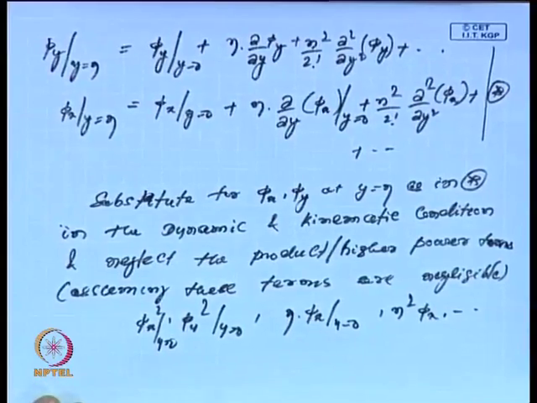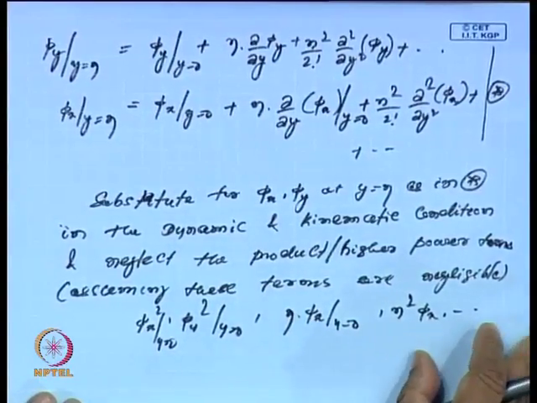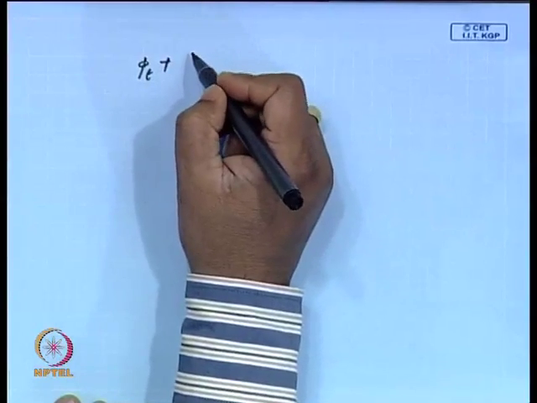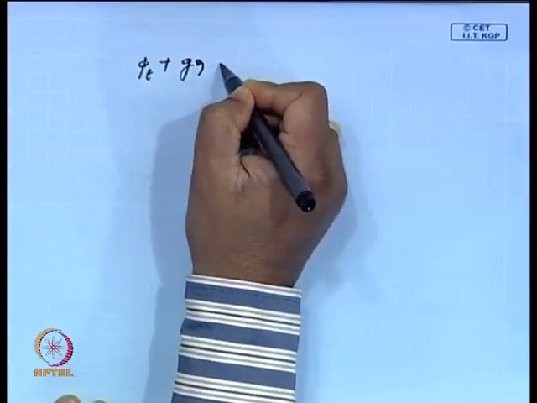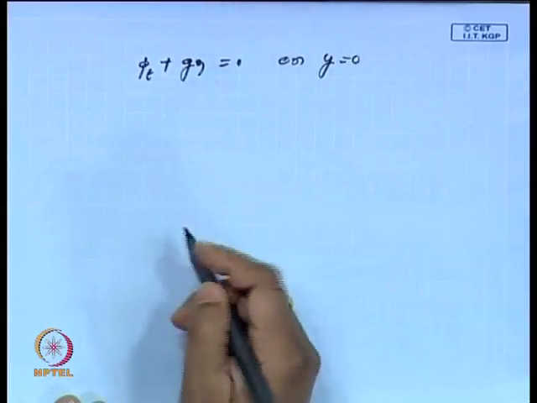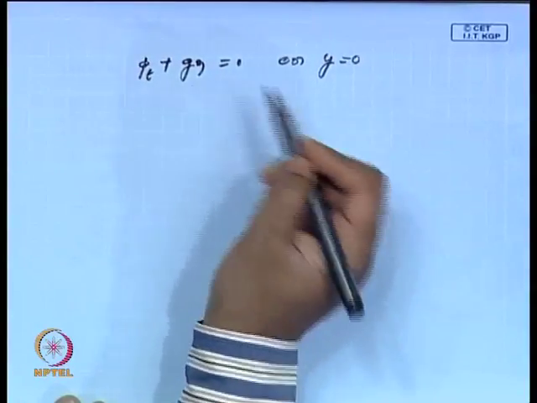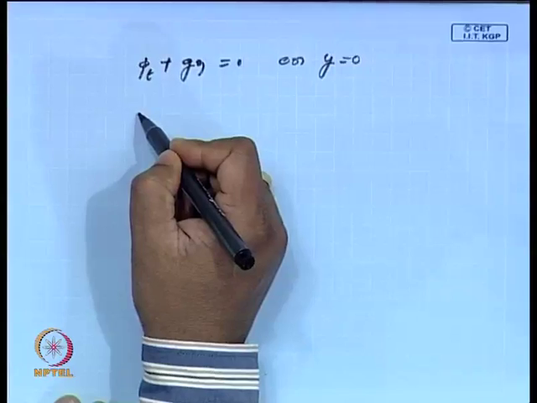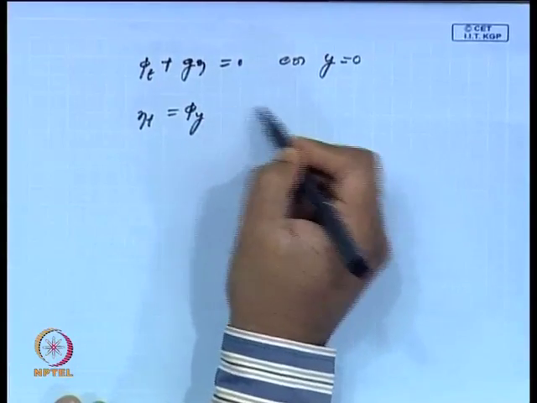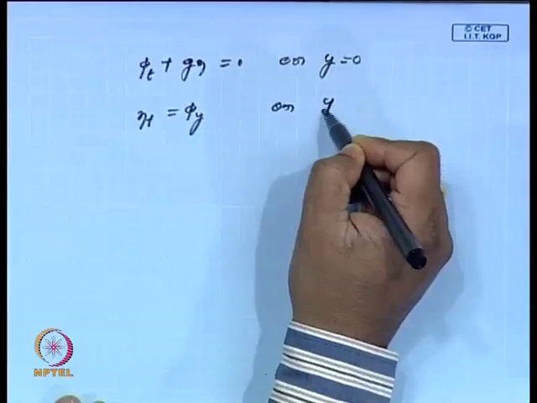If we do that, from the dynamic condition we get phi_t plus g eta is 0 on y is equal to 0, and the kinematic condition will give us eta_t is phi_y on y is equal to 0.